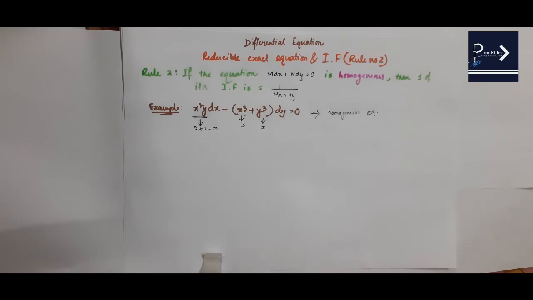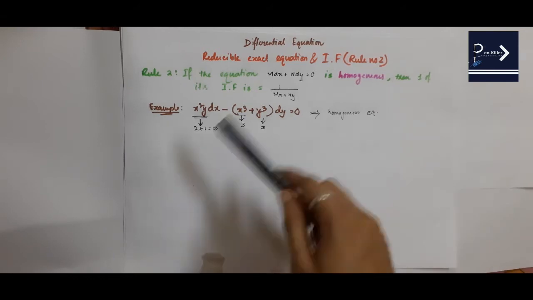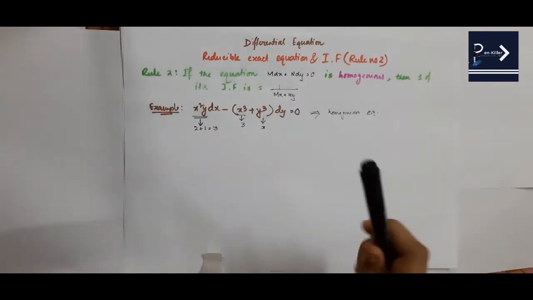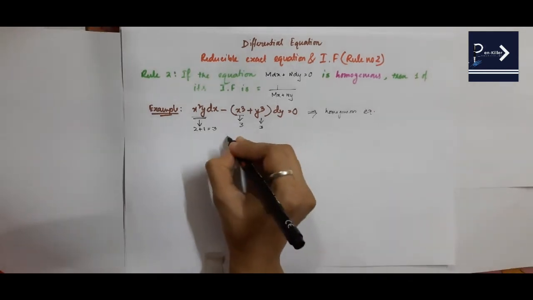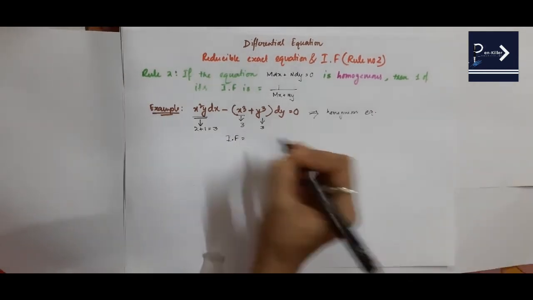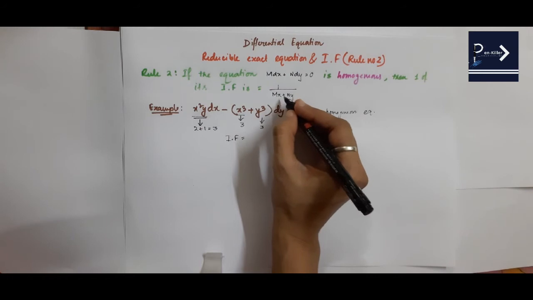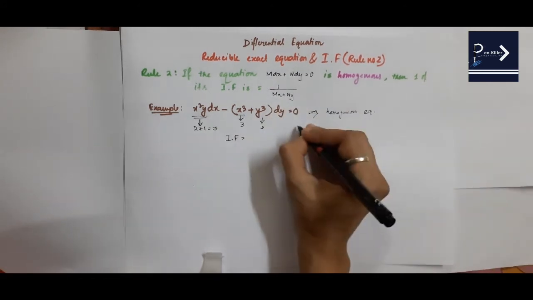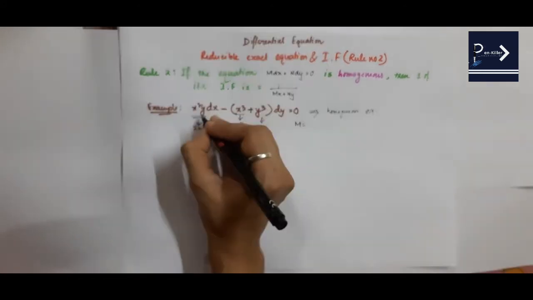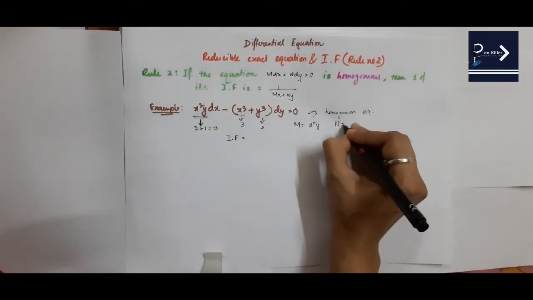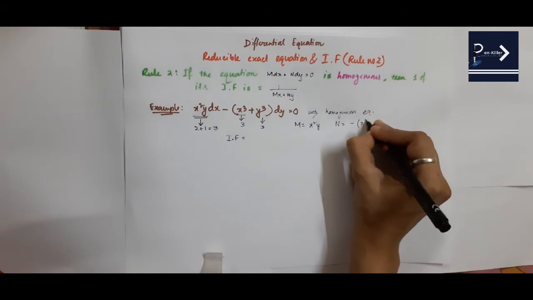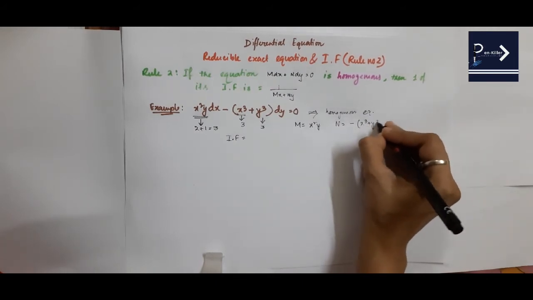Now we can see that the given equation is a homogeneous equation, so we can solve it by this rule number 2. Let's solve it by finding the IF. The IF is 1 by (Mx plus Ny). So let's find out what M is. M is x square y, and N is minus x cube plus y cube.